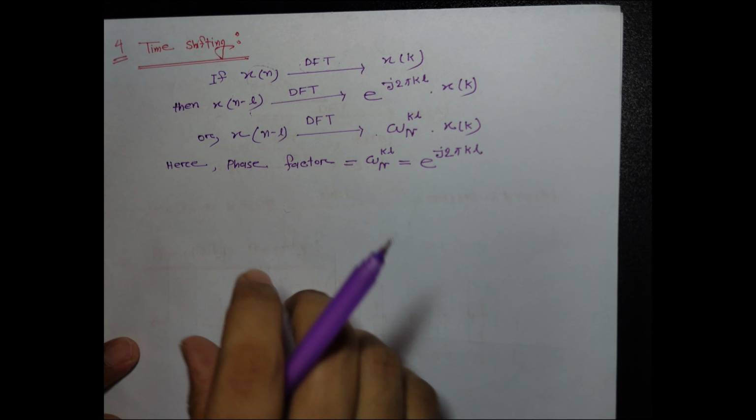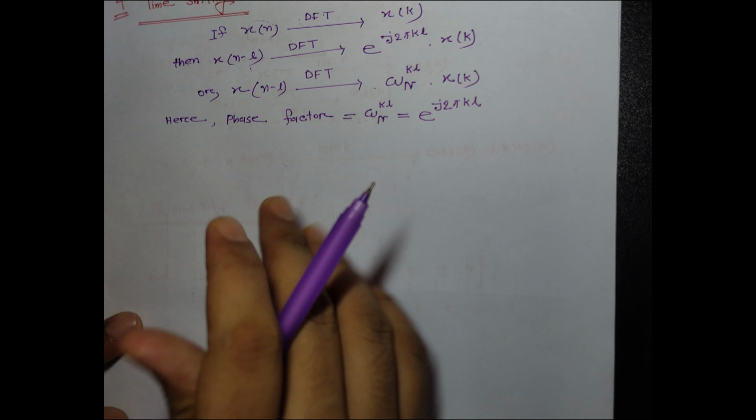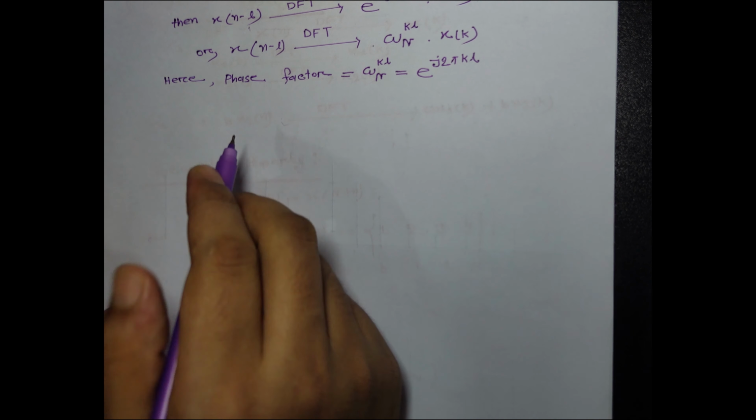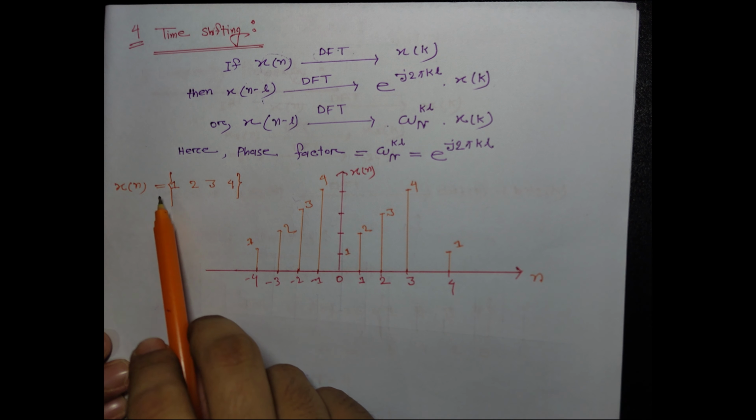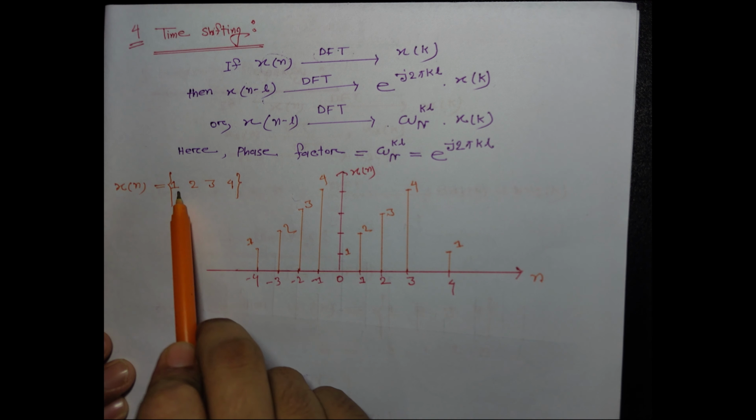If we draw a periodic signal, here I draw a periodic signal x of n equal to 1, 2, 3, 4.